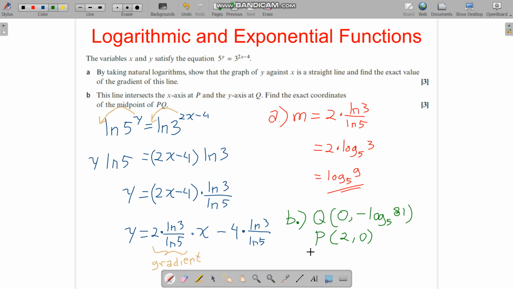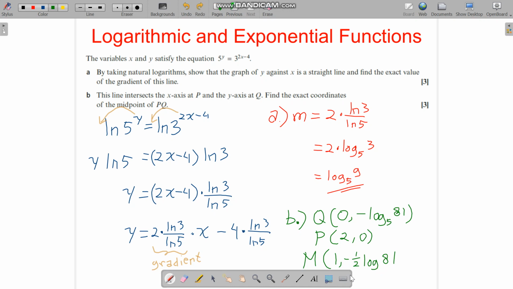So the midpoint is exactly in the middle between 0 and 2, so it's 1, and exactly in the middle between 0 and minus log 81 base 5, so it's minus 1/2 log 81 base 5.